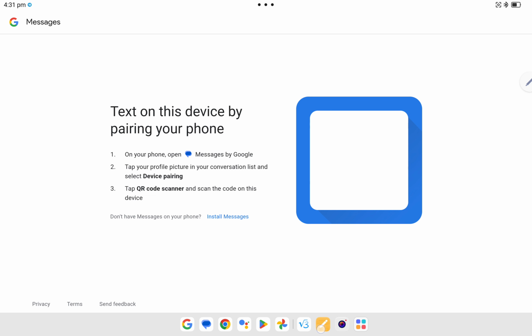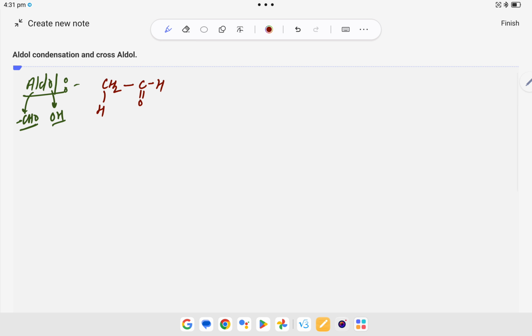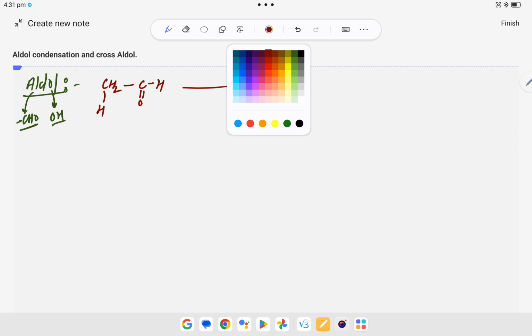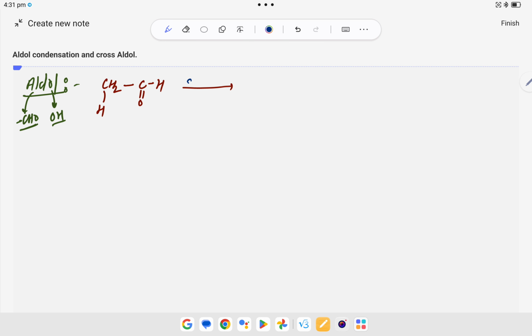In that case, it is reacting with dilute NaOH. So from here OH minus species becomes free, and this is your alpha hydrogen.